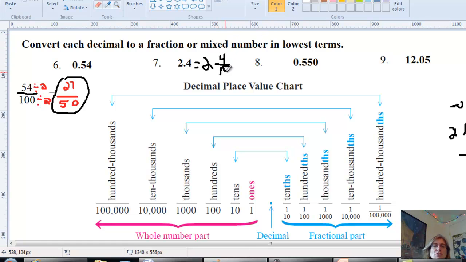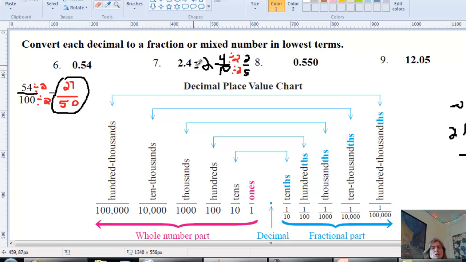And we can reduce the 4/10. We can divide both numbers by 2, and we would get 2/5. 4 divided by 2 is 2, and 10 divided by 2 is 5.